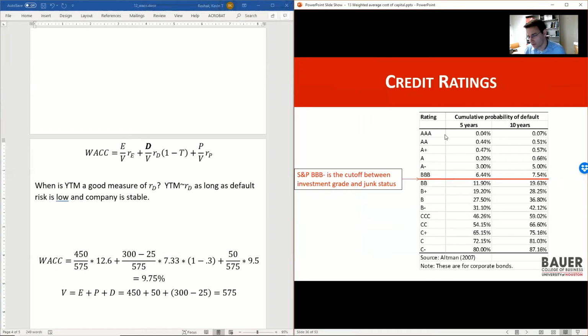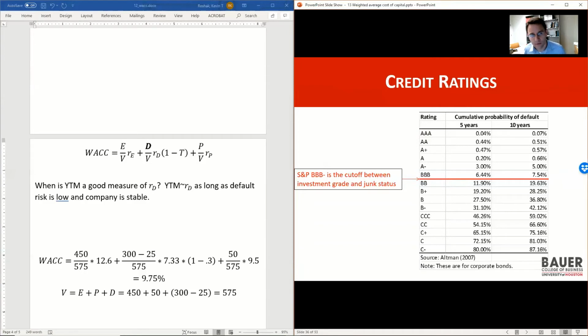You may be interested, this is a little bit outside the scope of this class, but when credit agencies like S&P, Standard & Poor's, rate debts, they assign a rating to debt based on how risky it is. The safest debt would be something like the US Treasury, and that would be rated AAA.